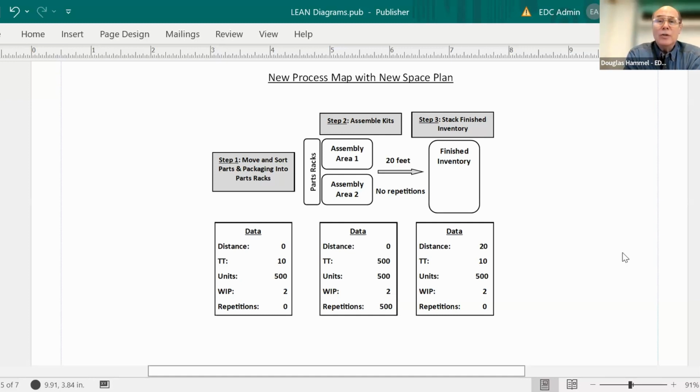What I had my client do was build assembly stations side by side, and the parts racks were cubbies that you could fill from the parts side into the racks, and the assemblers could just pick those parts right out of the racks. So the person who was moving the parts from the cutting machines moved them right into the parts racks in 1 step.